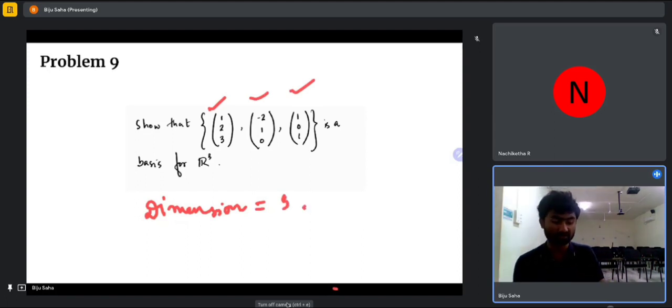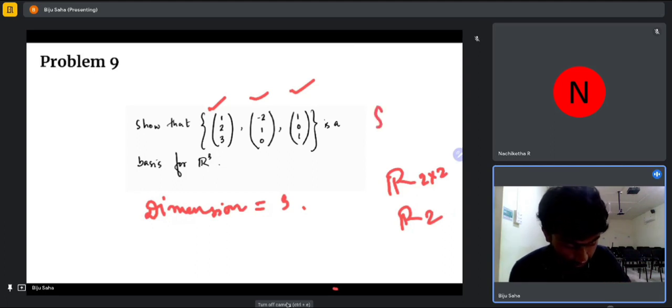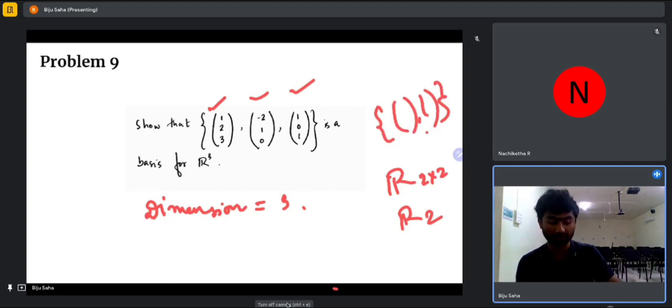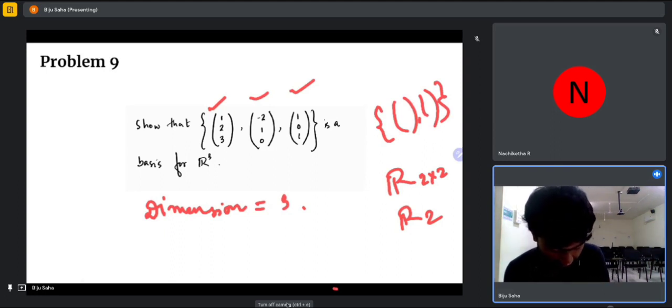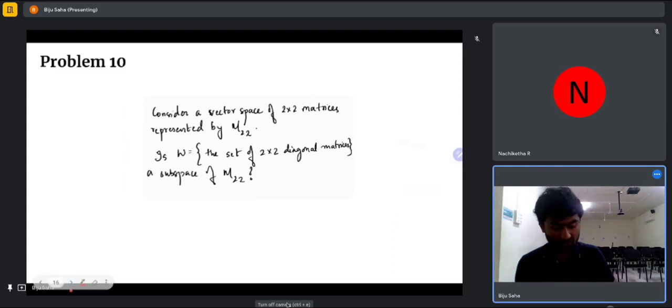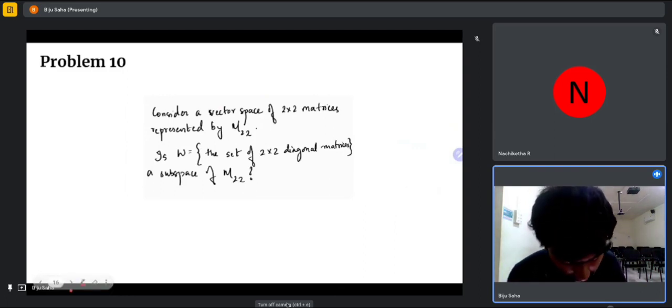Similarly, if there is an R2 cross 2 matrix subspace or R2 plane, then the basis set would have two elements which are linearly independent. So the dimension is the number of vectors present in the basis set. So that was about the dimension.